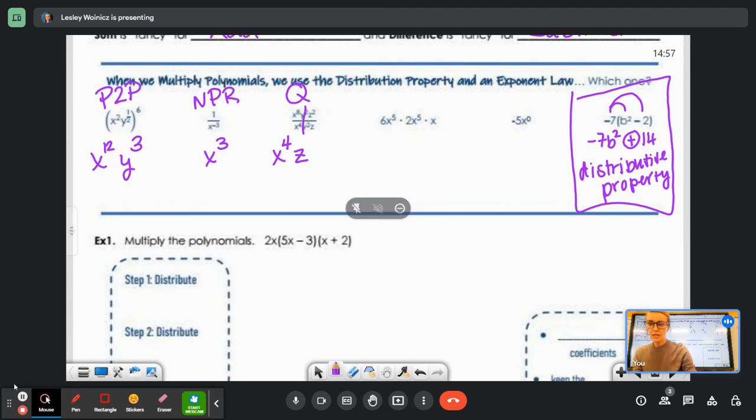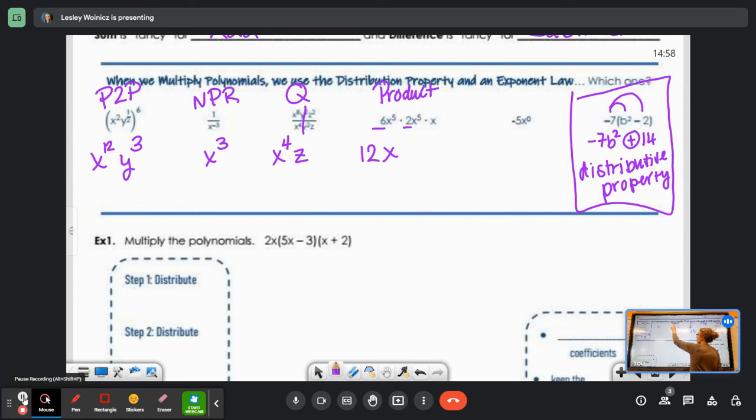Okay, what's the next one? What is this one? Product. Product says I get to do what with my exponents? Add them. Okay, I'm multiplying the bases, so I add the powers, and what happens to the coefficients? They just get multiplied.